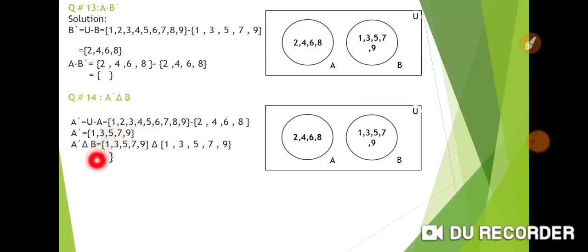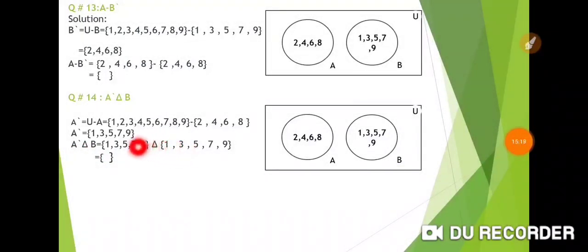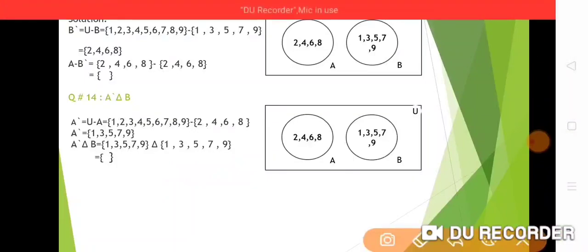Now I have to take the symmetric difference. So here we have A complement delta B. Now how are we going to find the symmetric difference? As I told you, we subtract A and B. Look, 1 is there, 1 is there, 3 is there, 3 is there, 5 is there, 7 is there, 9 is there.